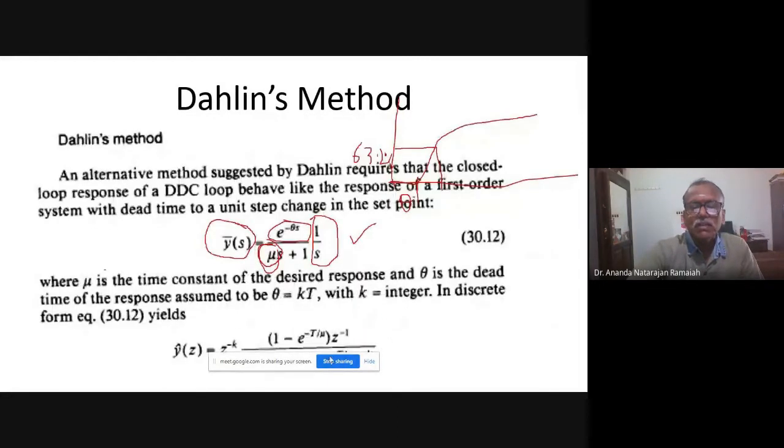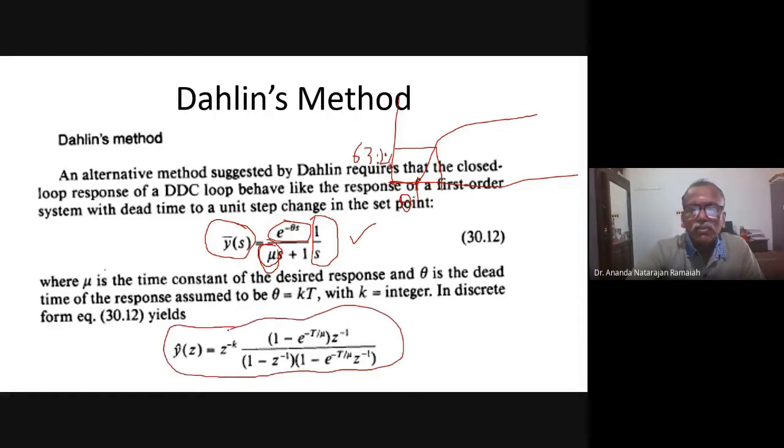If this is the assumption, then Y(z): for this, the denominator is s multiplied by mu s plus 1, and the numerator is e power minus theta s. The dead time theta equals k times the sampling period.